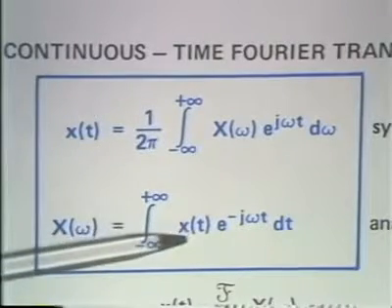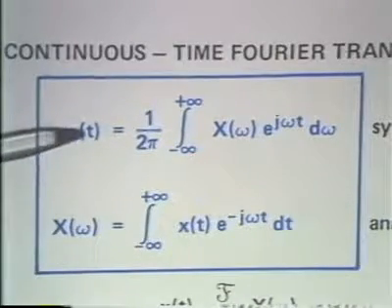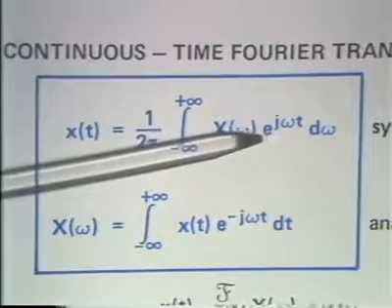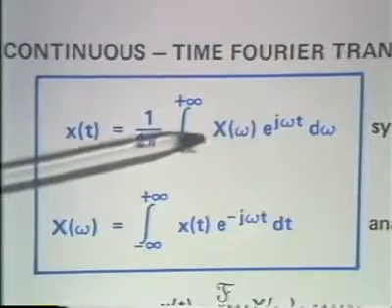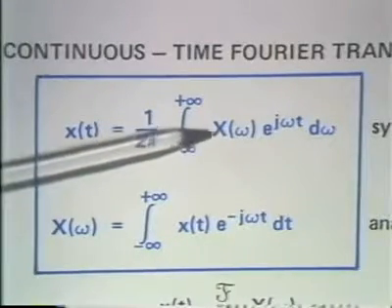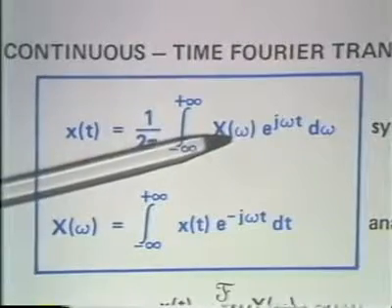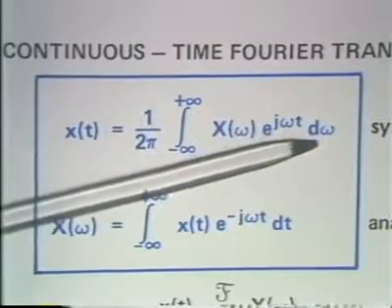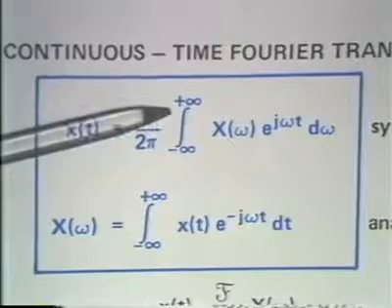So essentially, in the decomposition of x of t as a linear combination of complex exponentials, the complex amplitudes of those are, in effect, the Fourier transform scaled by the differential and scaled by 1 over 2 pi.